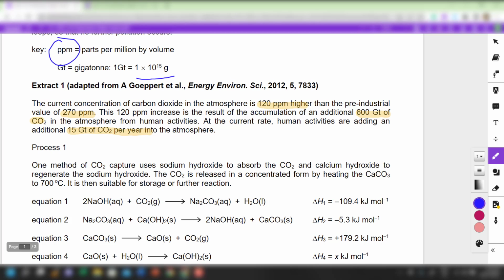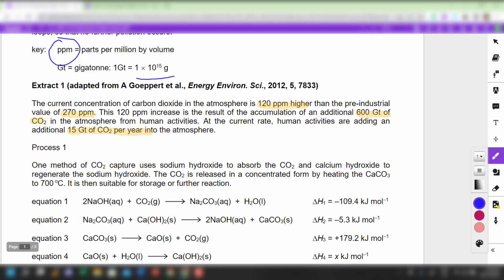We understand the meaning of parts per million. If we let 1 part be 1 cubic meter, then the total volume we are looking at will be 10 to the power of 6 cubic meter, or 1 million cubic meter.